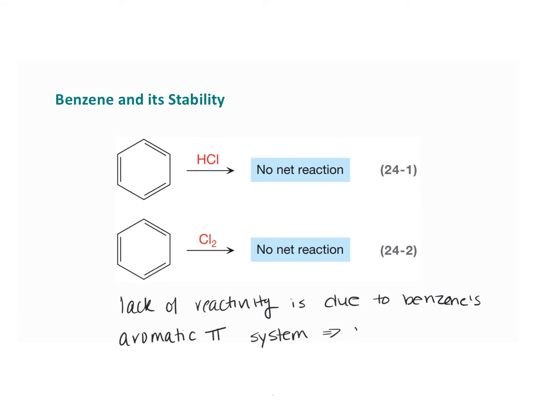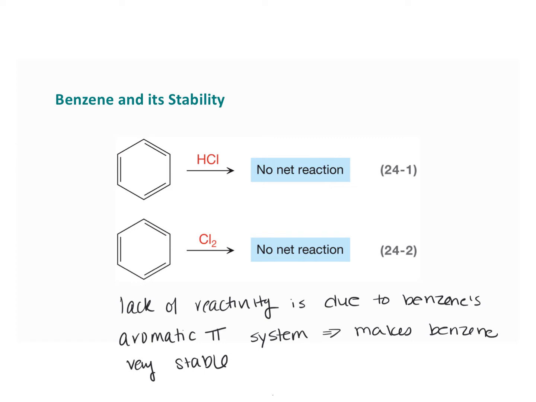And this aromatic pi system just makes benzene very stable, okay? And so the addition of that HCl or Cl2 would disrupt the aromaticity, and that would convert benzene into a non-aromatic compound. And that's just not very favorable. By the way, these would permanently disrupt benzene's aromaticity, okay?